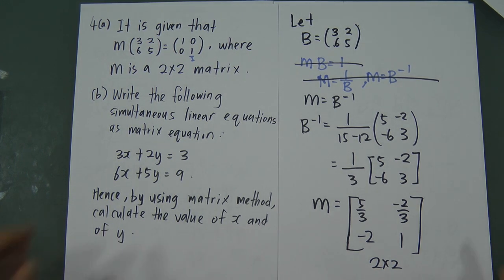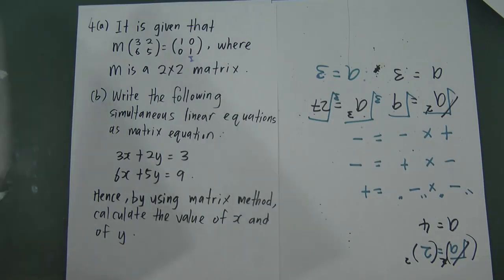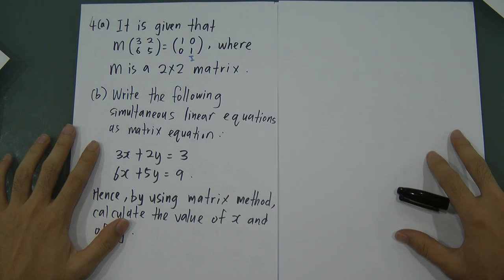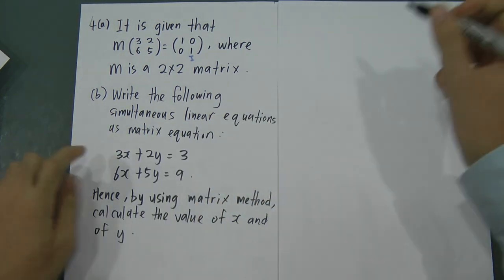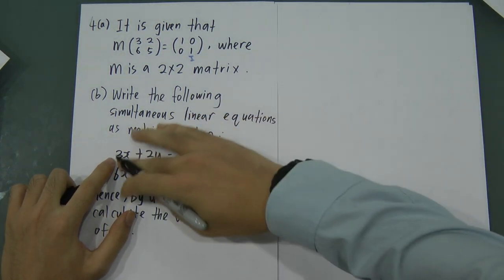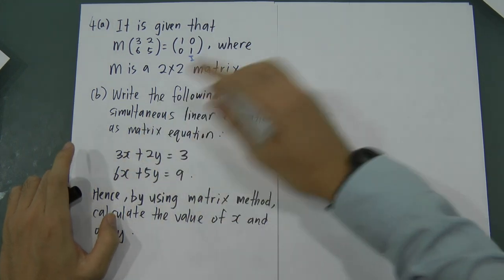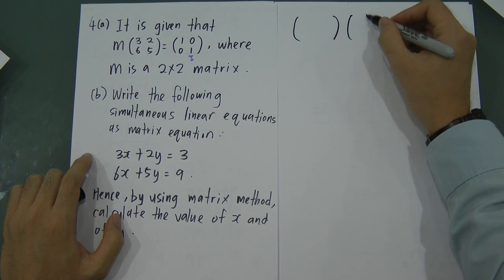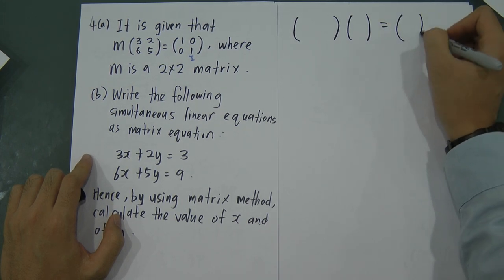Okay, so the last part, for B. Over here, I'm going to change this into matrix form. So I will have 2 by 2 and then 2 by 1 equals 2 by 1.